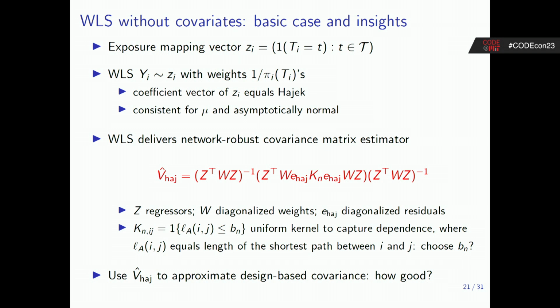We only have a diagonal matrix in the middle. We don't have any correlation between the units. Hope this makes sense to you. But really, the idea is to capture the network dependence by calculating the distance. And we hope this V hat Hajek can approximate the true variance. And it does under a lot of assumptions.